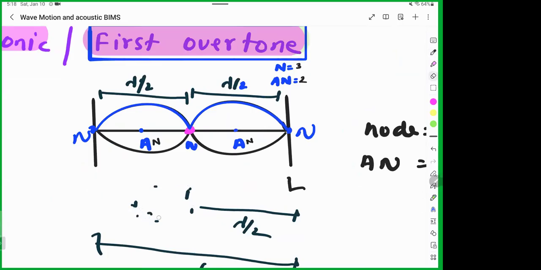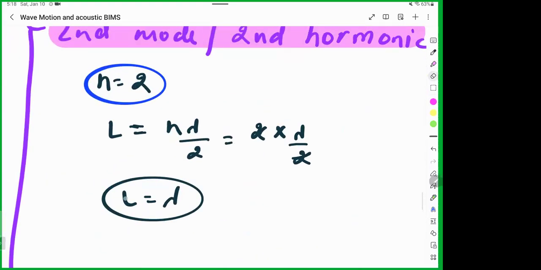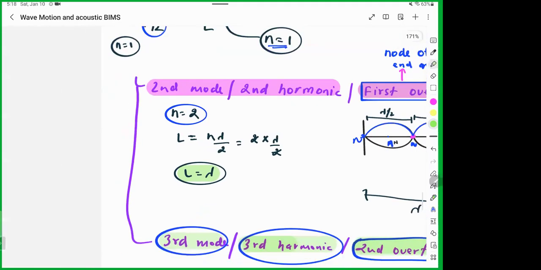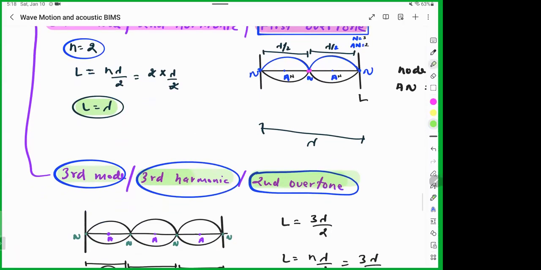Done. So tell me, in this case your length will be lambda. Why? Lambda by 2 plus lambda by 2. If you take the third mode, then it will be equal to the third harmonic, second overtone.